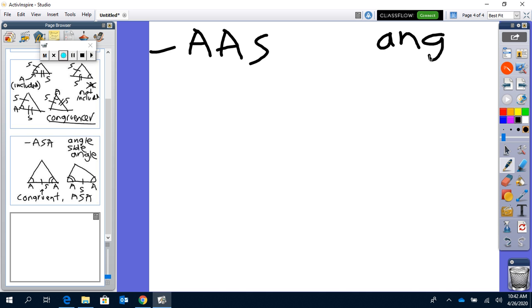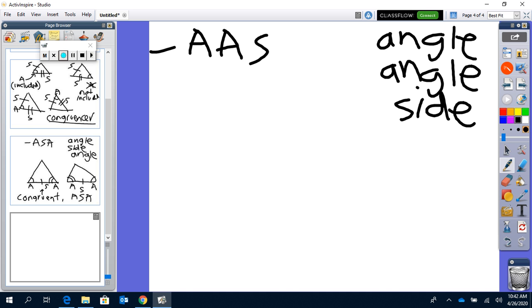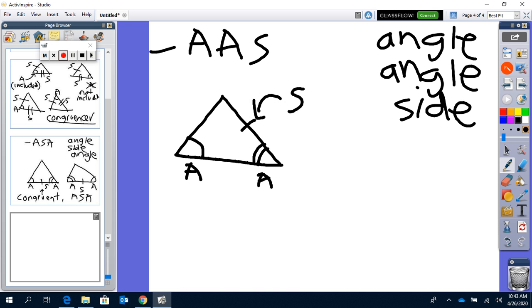Obviously this is angle, angle, side. Okay, then this one, we have two angles, but the side that we know is not between the two angles. So we might have two angles here, AA, and we know something about this side. So here's our side.